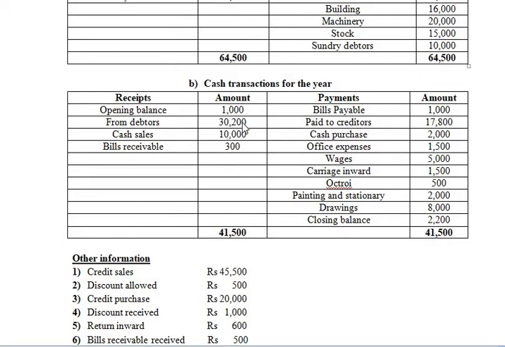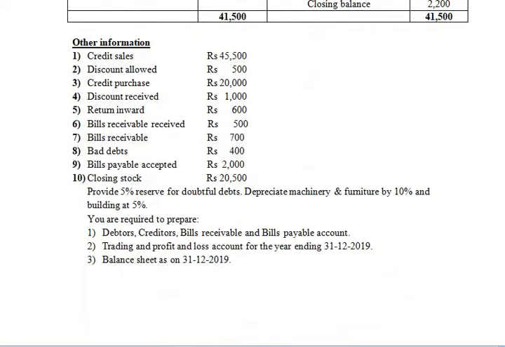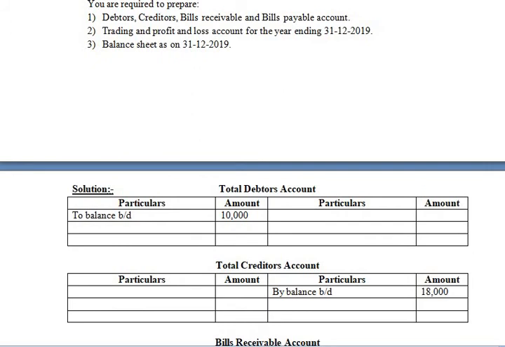So what will be the entry? Cash account debit to debtors account. So debtors account will be credited by cash. Okay, by cash. And what is the amount? 30,200.